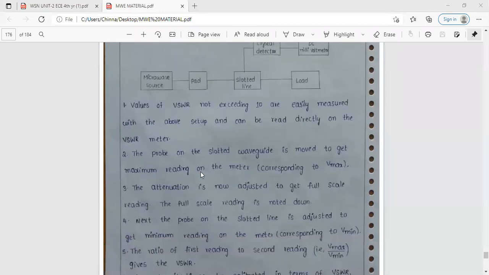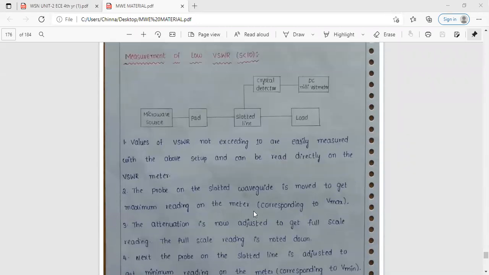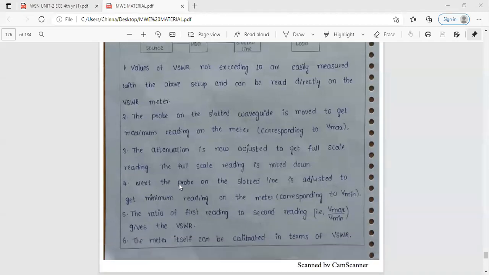The probe on the slotted waveguide is moved to the maximum reading on the meter, corresponding to V maximum. Whenever the probe moves across the slotted line section, it is moved to the maximum reading on the meter, which means the voltage is V maximum, and then it is stopped. The attenuation is now adjusted to get the full scale reading, which is noted. Next, the probe on the slotted line section is adjusted to the minimum reading on the meter.